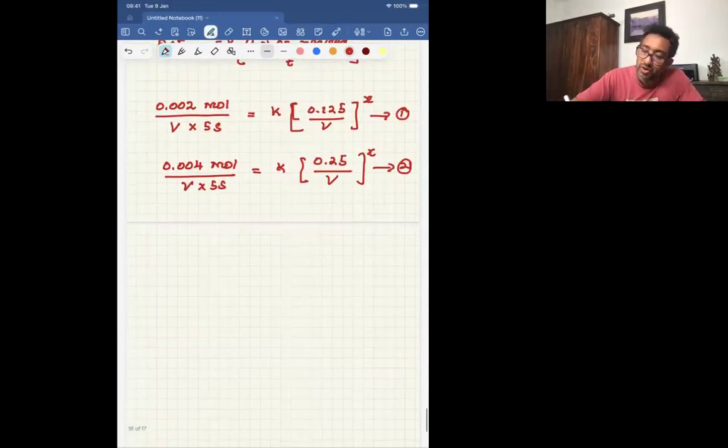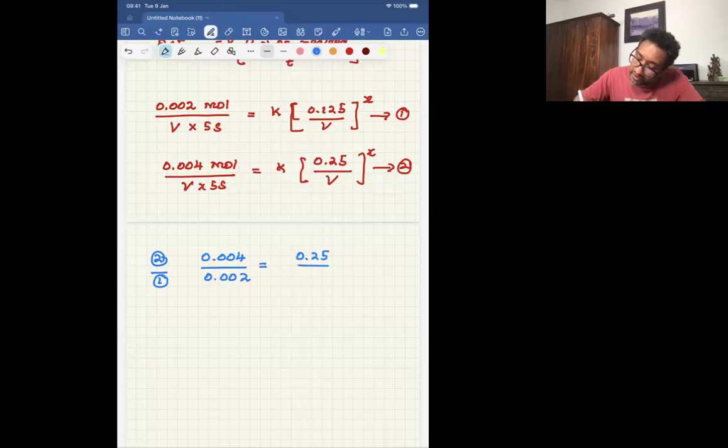So you can now solve this. 2 divided by 1, everything cancels out. 0.004 divided by 0.002 is equal to 0.25 divided by 0.125 to the power x. This is 2, this is also 2. 2 to the power x is equal to 2. Therefore, the order with respect to this is equal to 1.